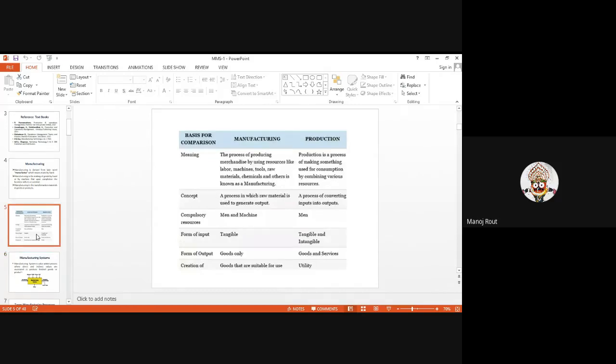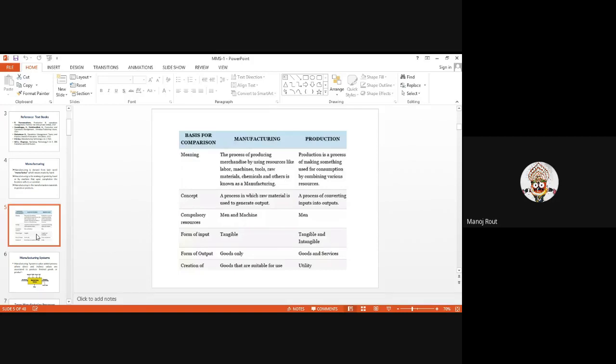Then the next one is the basic comparison between manufacturing and production. These are very similar words, or vice versa. In the first definition, manufacturing means the process of producing merchandise by using resources like labor, machines, tools, raw material, chemicals and others. But production is the process of making something used for consumption by combining various resources.